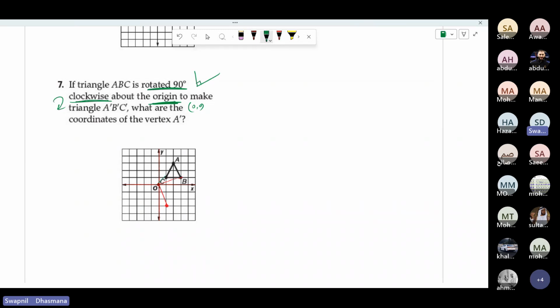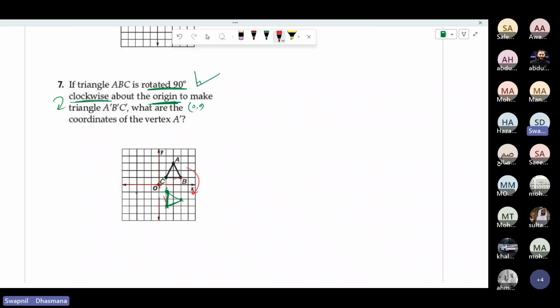If I rotate, it will be somewhere here. And if I rotate the third point, it will be somewhere here. So this is 90-degree rotation.